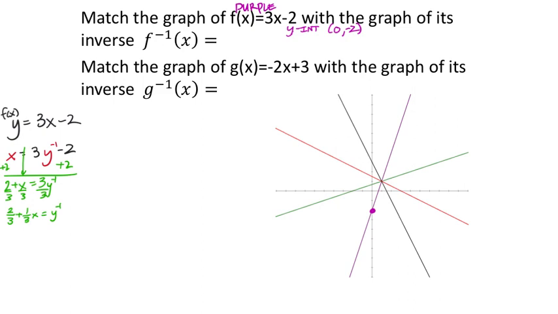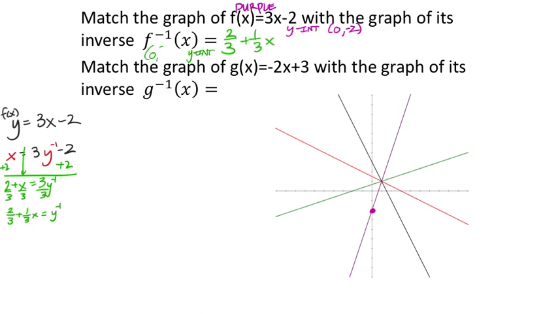So my f inverse of x ends up being 2/3 plus 1/3 x. If you put this as 1/3 x plus 2/3, that's fine. We see our y-intercept for my inverse function is 2/3.